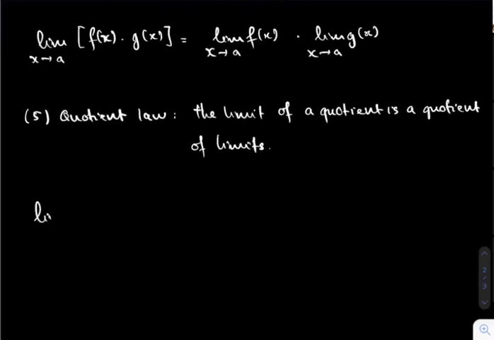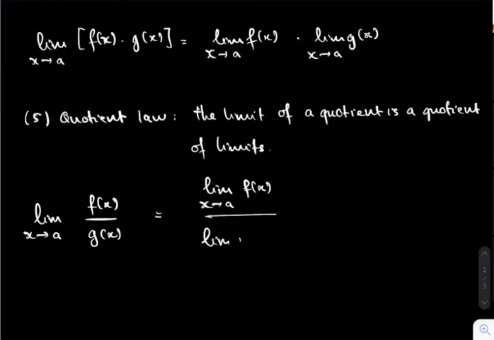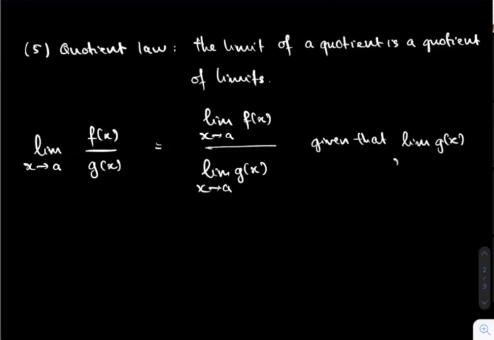So I have the limit as x approaches a of f of x over g of x is equal to the limit of f of x as x approaches a divided by the limit of g of x as x approaches a, given that the limit of g of x as x approaches a is different from 0. Because it is in the denominator, you don't want 0 in the denominator, so you have to give that condition for the quotient limit.